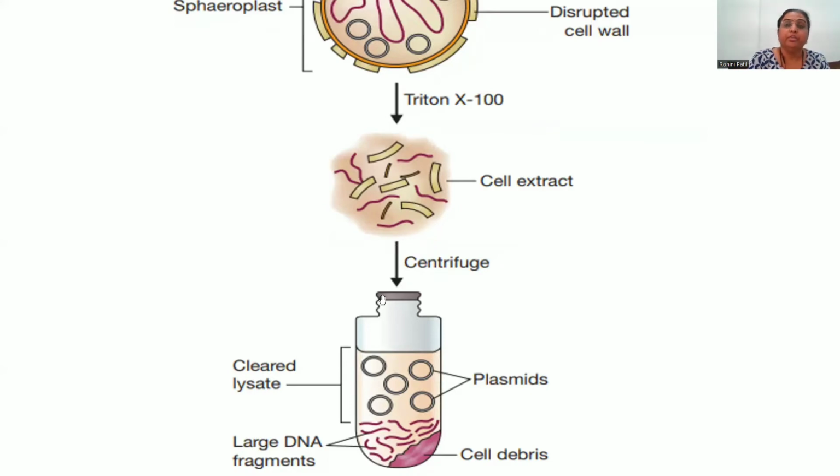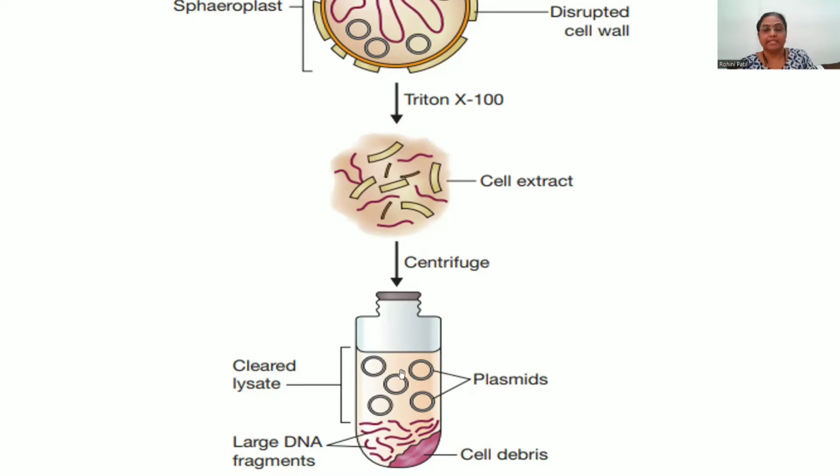Now, what is required by us? These plasmids. So here centrifugation is done. After centrifugation, the cell debris is going to pellet out. In the pellet there will be the large DNA fragments, and in the supernatant there will be the plasmids.